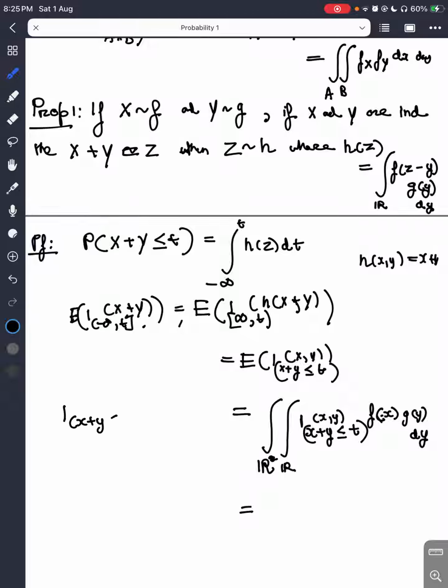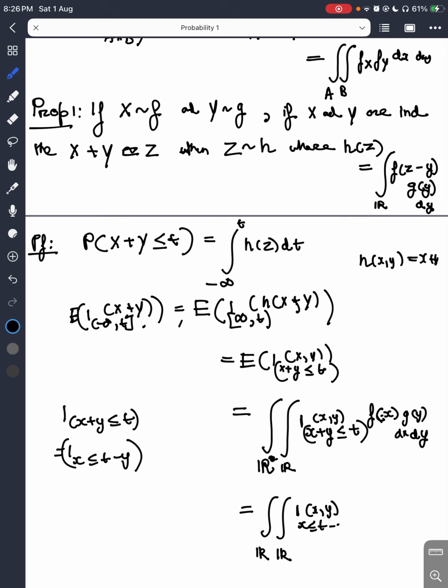For a fixed y, because this is the product measure, the indicator of x plus y less than or equal to t is nothing but the indicator of x less than or equal to t minus y.